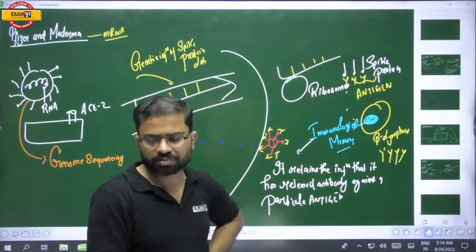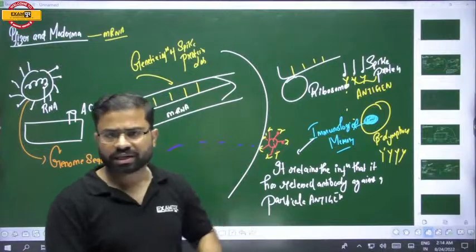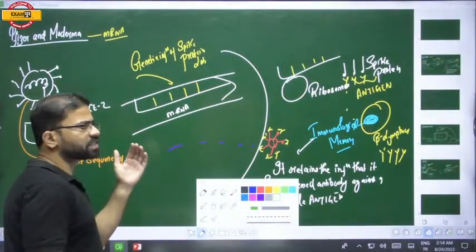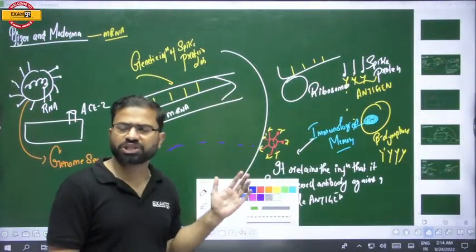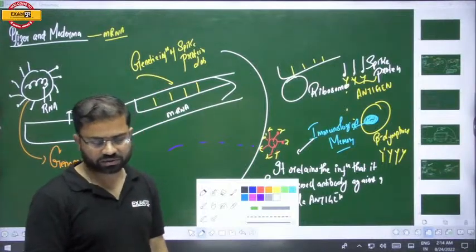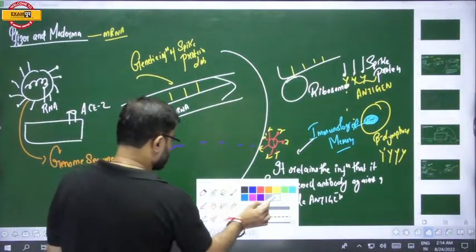So this is what we have discussed: the mRNA technology. One thing to be remembered here: only the translation process happens; the transcription process is not happening in mRNA vaccine technology. Only translation happens. Remember that.